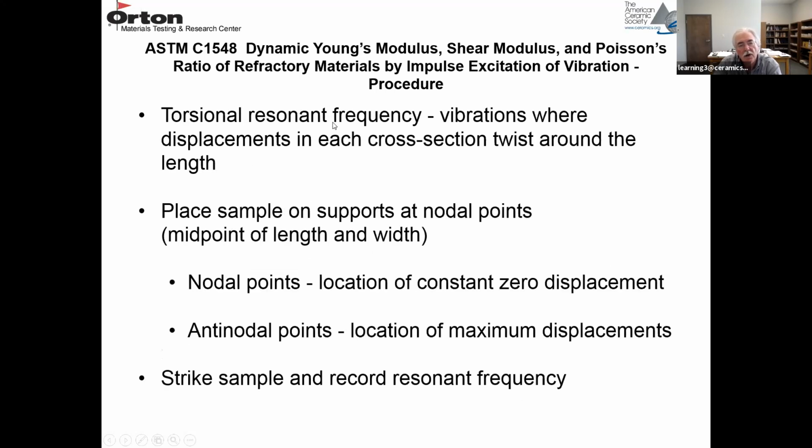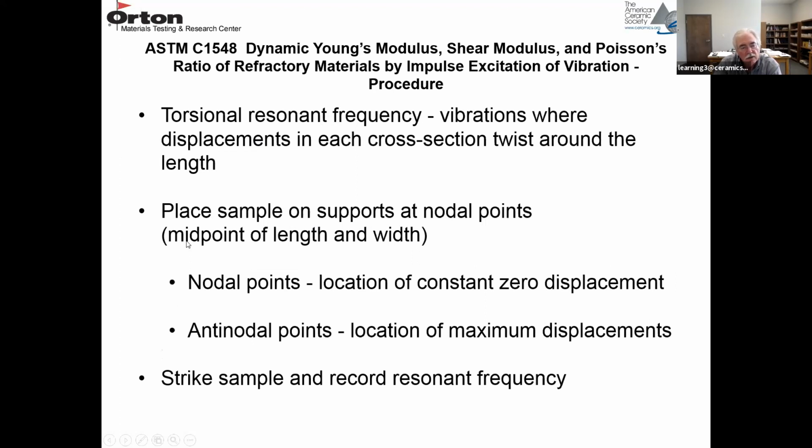In the torsional mode, the displacements are now in a cross section where they twist around the length of the sample. So it's a torsional vibration. And you place the sample on a support at its nodal points.